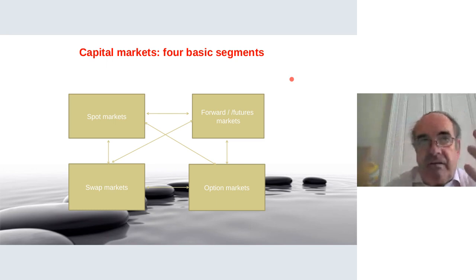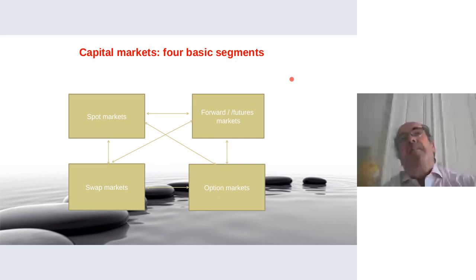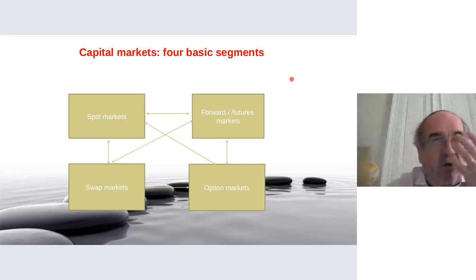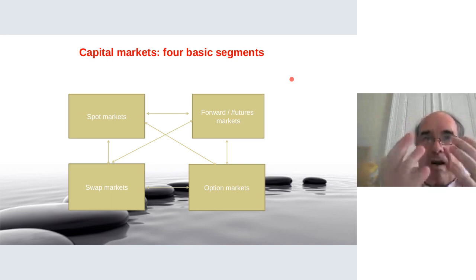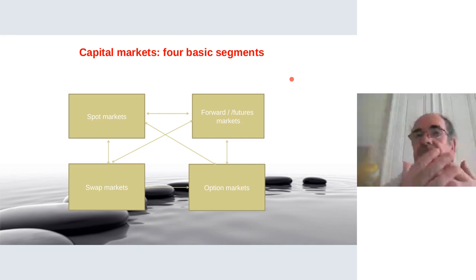You want to hedge, to cover your exposure, because as you will buy sugar in the future, in 3 months, 8 months, you want to lock in today the price at which you will receive the sugar in 3 months or 8 months. That's what we call a forward or futures operation. A futures market is a market on which you lock in today prices for delivery in the future.